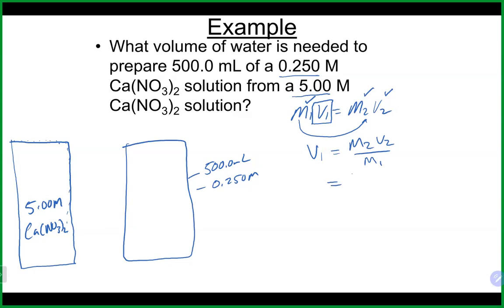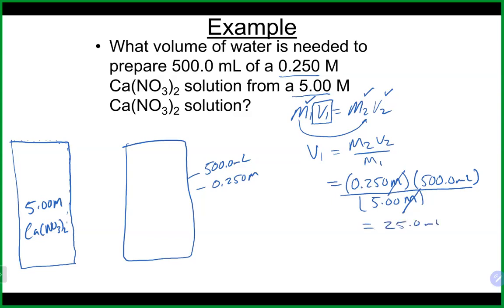We'll take M2, the more dilute 0.25 molar. I'm going to leave the volume in milliliters because it will work out okay using this formula, divided by the molarity of our more concentrated solution. The molarities cancel, and that will leave you milliliters. If you do that, you will end up with 25 milliliters.